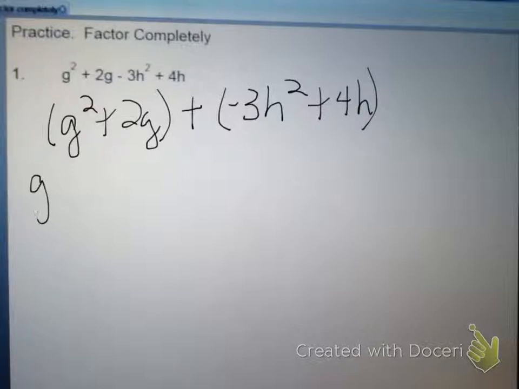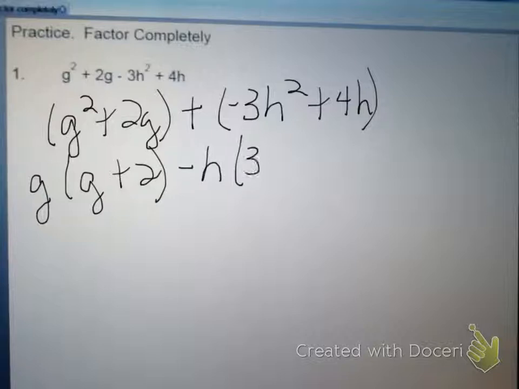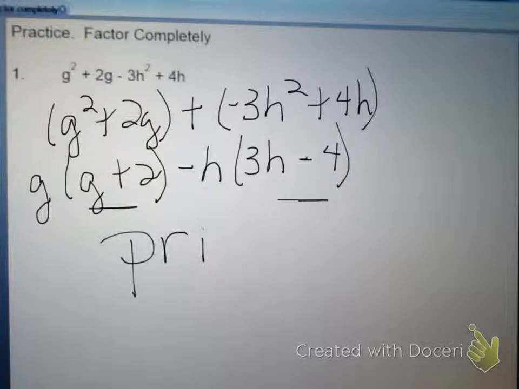Now I can factor out a g and get g plus 2. And I can factor out a negative h and get 3h minus 4. But these two are not identical. There is nothing else I can do. So technically I could not factor this. So it is prime.